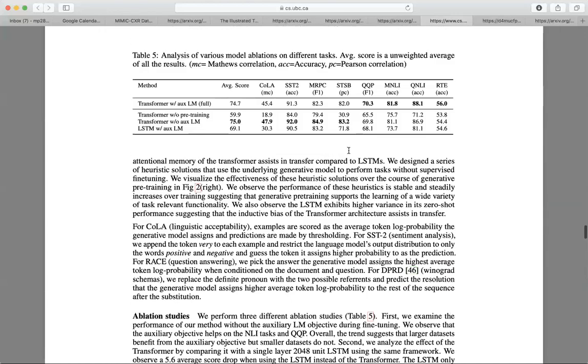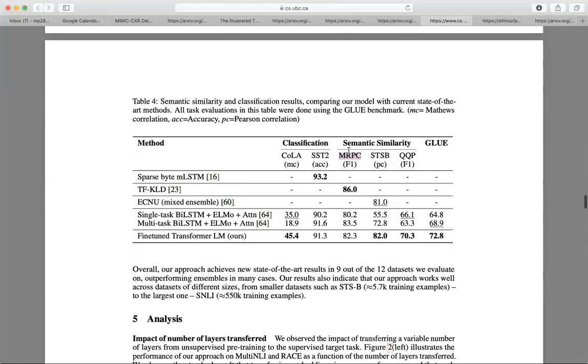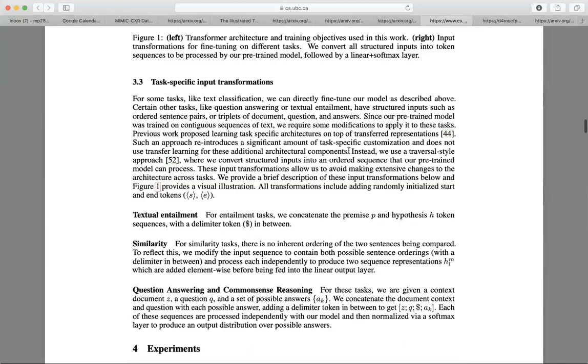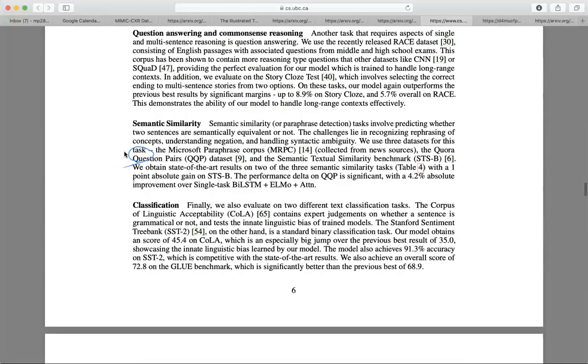I mean, there's nothing too interesting here. It's basically after they've done humongous pre-training with the language model objective function using a gigantic transformer. I think they were using 12 blocks of self-attention. Yeah, 12 blocks here. So it's a pretty heavy model to begin with.